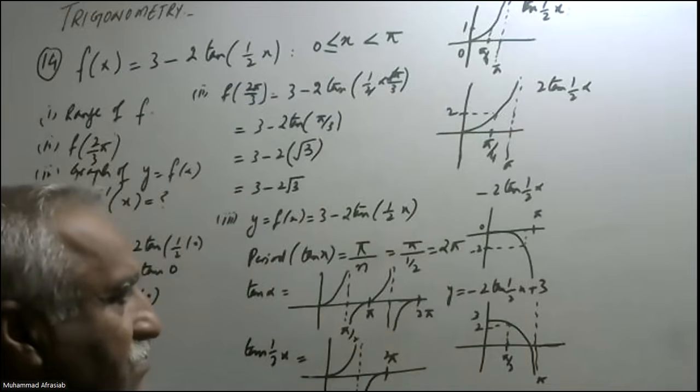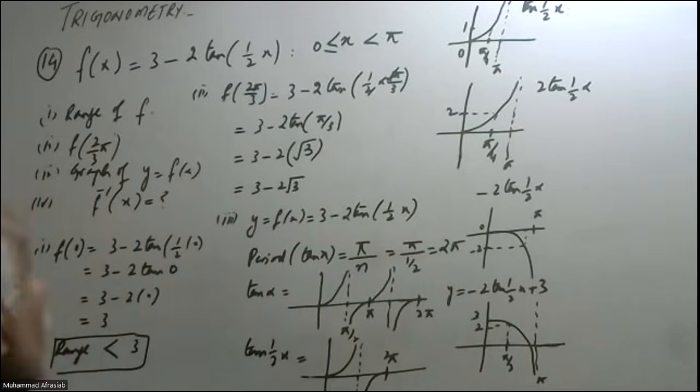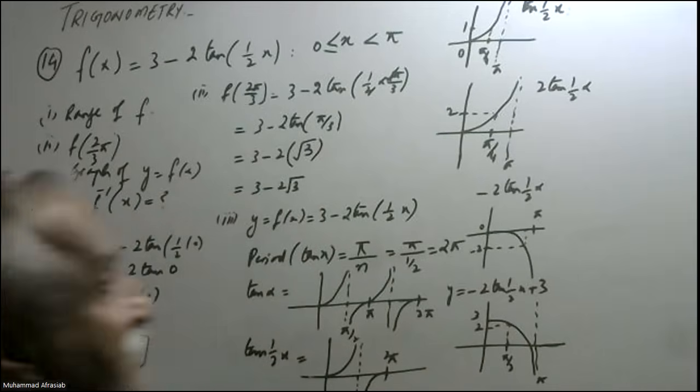So this is the sketch of the graph of f of x, which is equal to 3 minus 2 tan of half x. Then in the last part, find the f inverse of x.